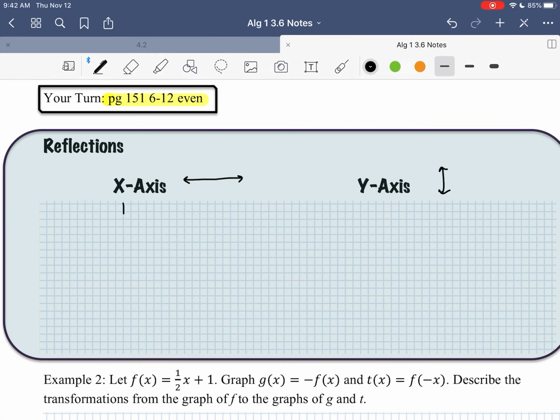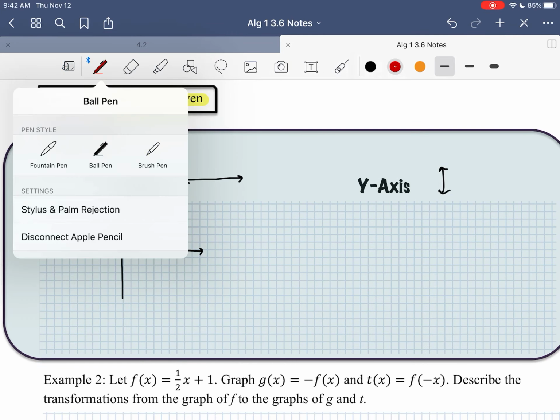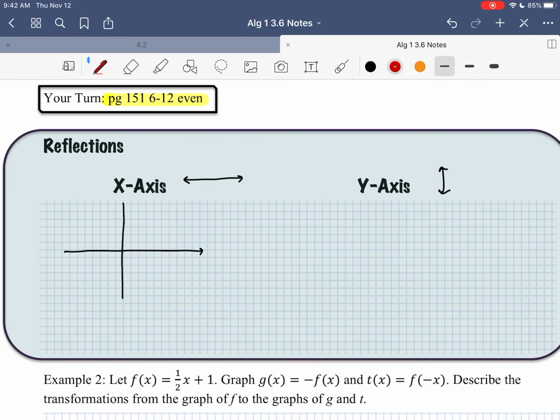So let's go ahead and look at our parent function again. We go back to this parent all the time. Okay, so there's our parent. If I want to reflect that over the x-axis, remember this is my x-axis here, it's going to take each of these points and flip it over that axis. It's going to move it down.